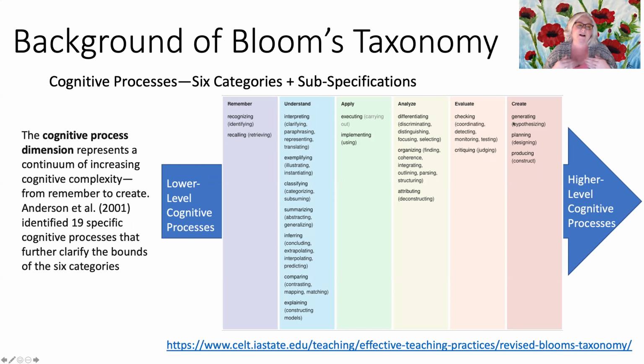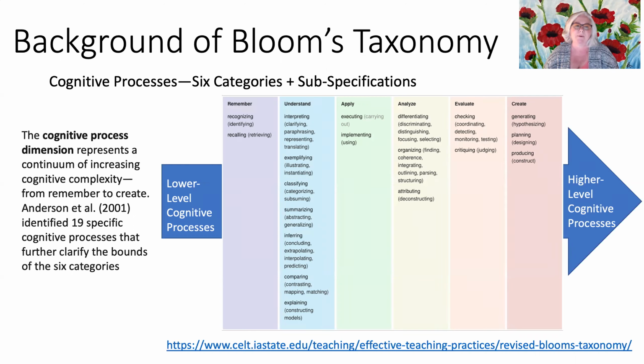So these cognitive processes, if you're thinking about it, are on a continuum of going from basic to more complex thinking. And then the subcategories that Anderson and her colleagues kind of helped fill out help us understand a little bit more of each of these 6 main categories.